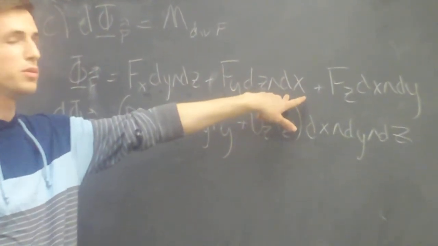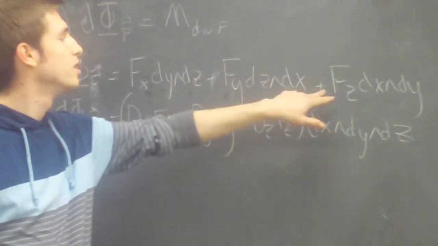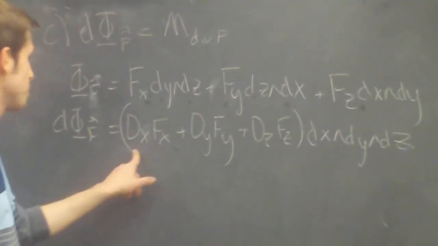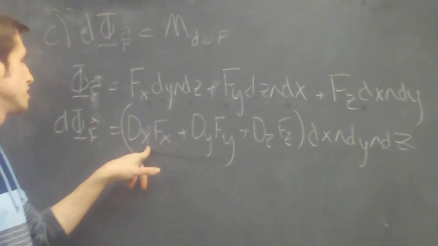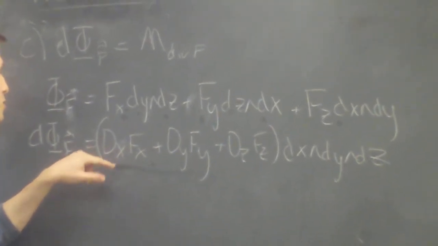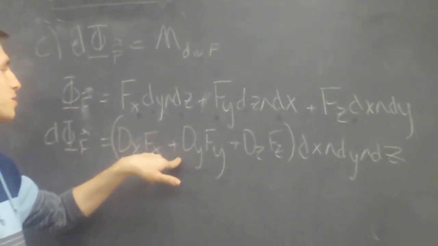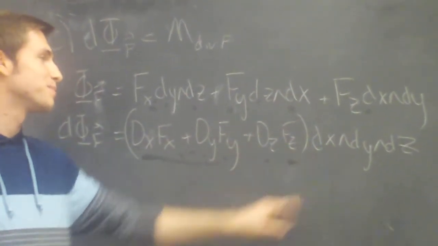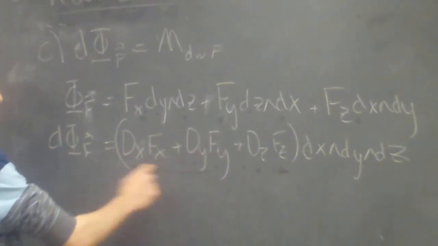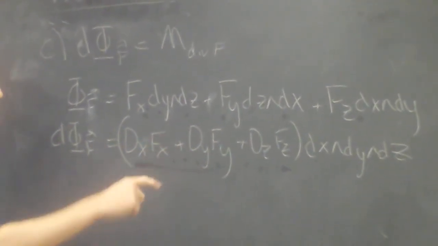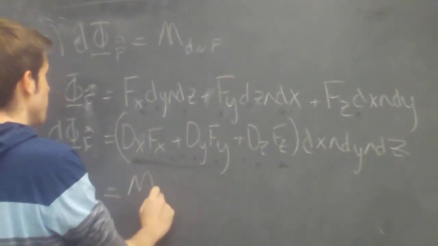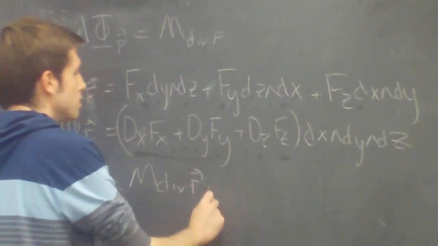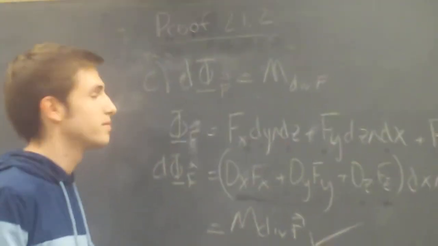If you rearrange them, there's 2 switches, so it's still positive. Same for this one, it'll be out of order, but there's 2 switches, so it's still positive. So this is what you end up getting: the derivative with respect to x of f of x, plus the derivative with respect to y of f of y, plus the derivative with respect to z of f of z. Which you'll notice is the divergence of f, so this is actually equal to the mass form of the divergence of f. So, yeah, that's it.